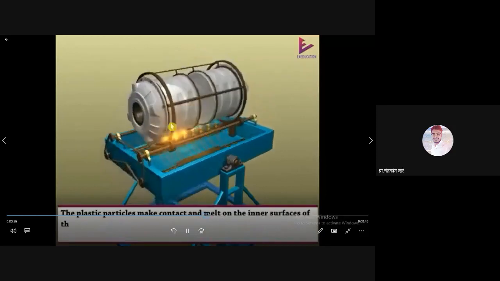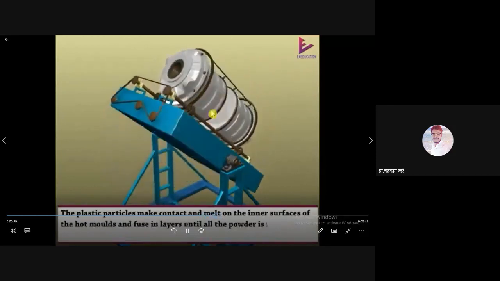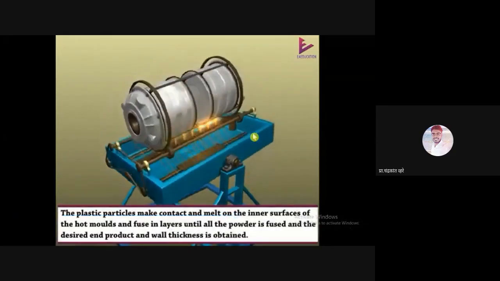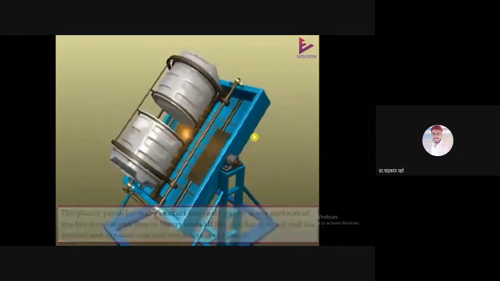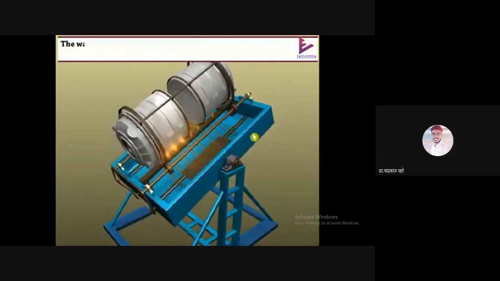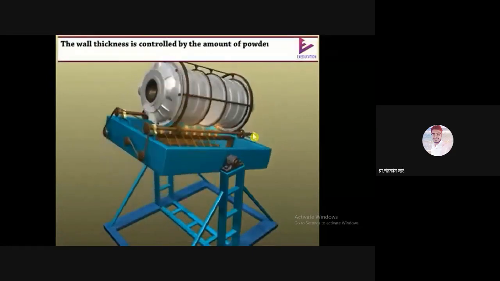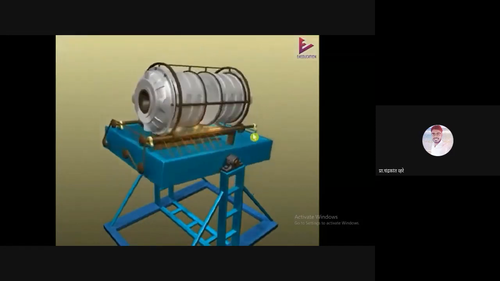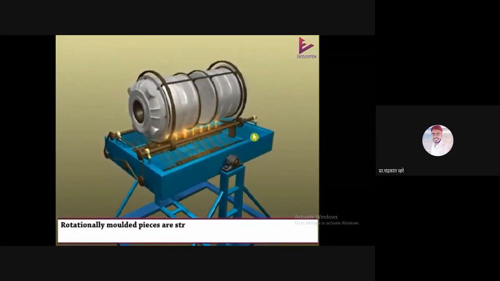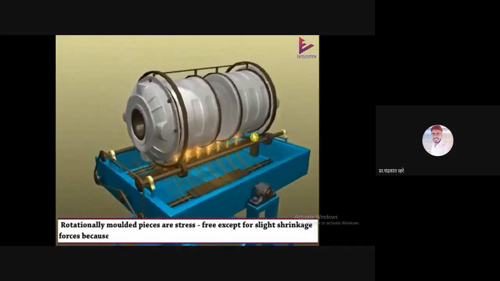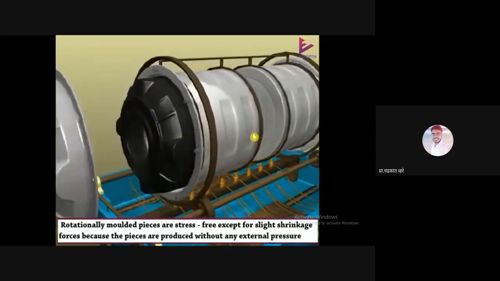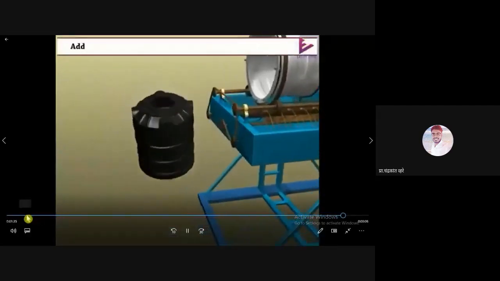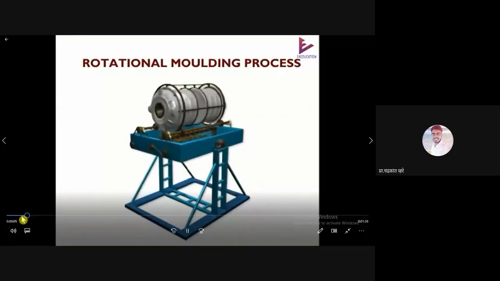This movement is just for equal thickness purposes. Once again, see the video.